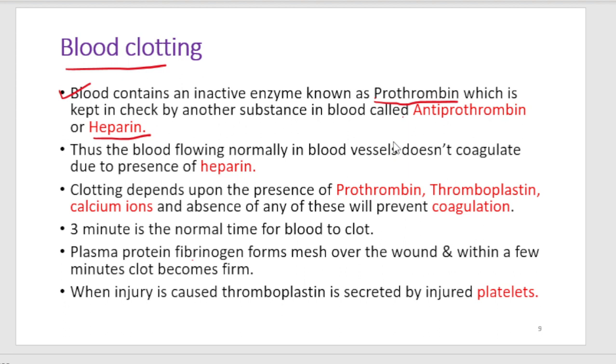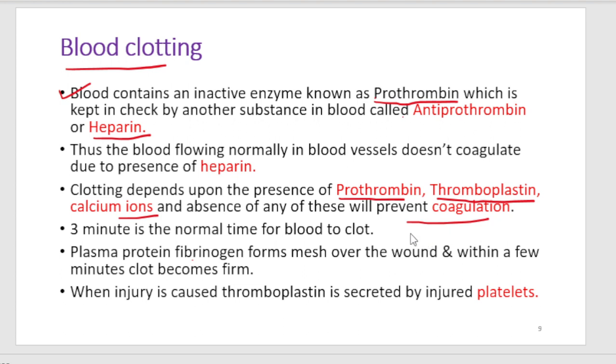In case of any injury, this inactive enzyme becomes active, along with thromboplastin, which is made from the disintegration of platelets, and prothrombin is made from vitamin K. Along with calcium ions, these form the blood clot or blood coagulation.